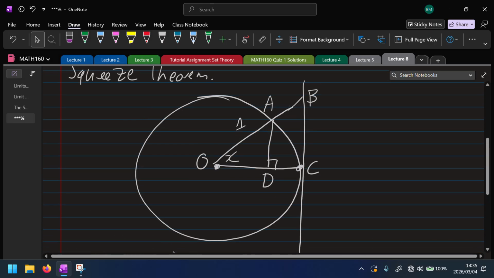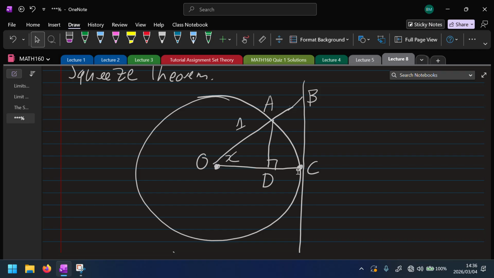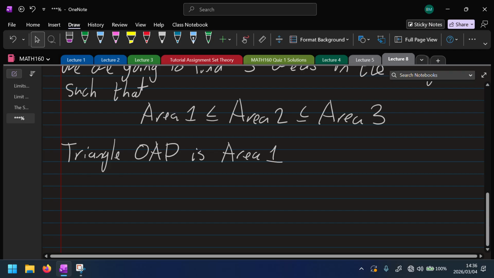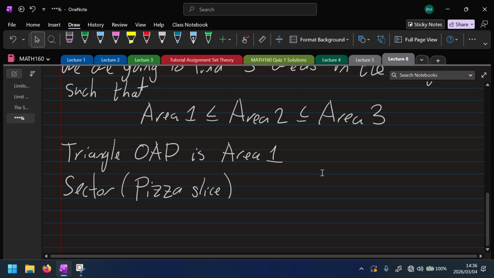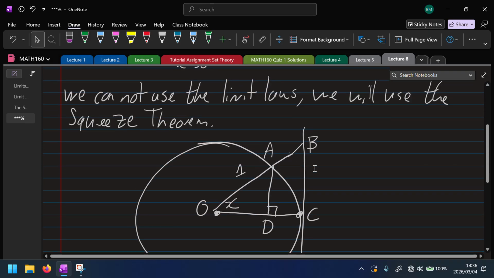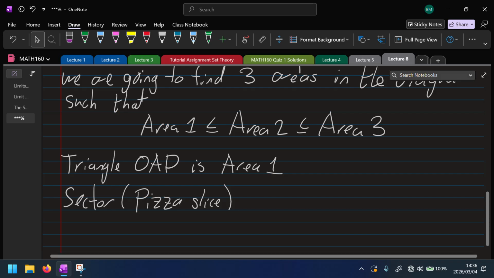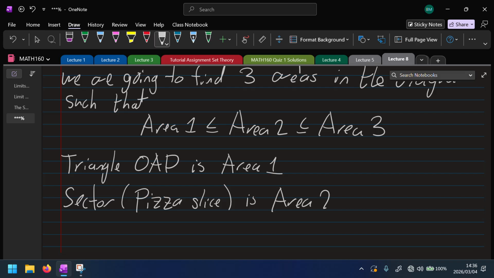Next, area 2 is going to be this pizza slice sector from O to A to C. So if you imagine you got a pizza with some number of slices, OAC, that little slice of the pizza there, that will be area 2. So the sector or the pizza slice. Okay. Like I said, OAC. So if you imagine that as a pizza slice there, that will be our middle area.